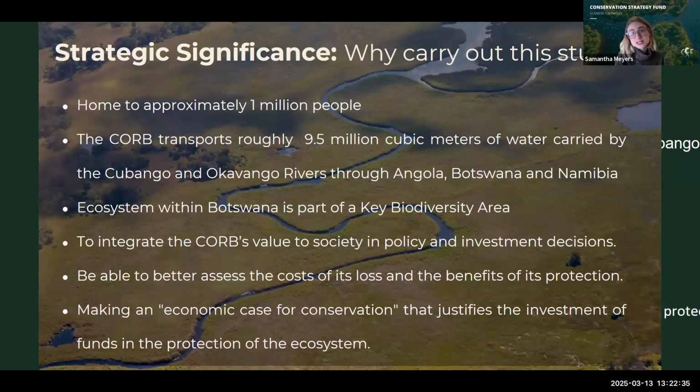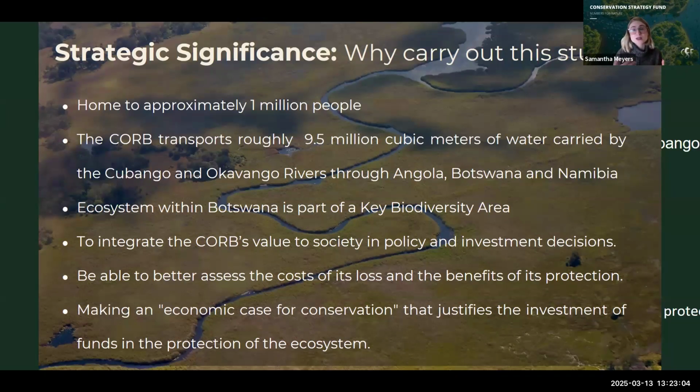We also conducted the study to really understand some of the economic value of this ecosystem, how it's contributing to the economies of all 3 countries, so that policymakers, decision makers can integrate this important value into their decisions about how they manage the land. And it will really help, especially to better assess the cost of losing some of this valuable nature and the benefits.